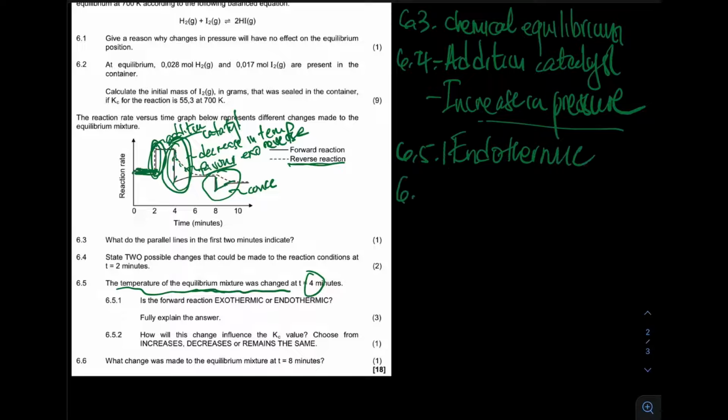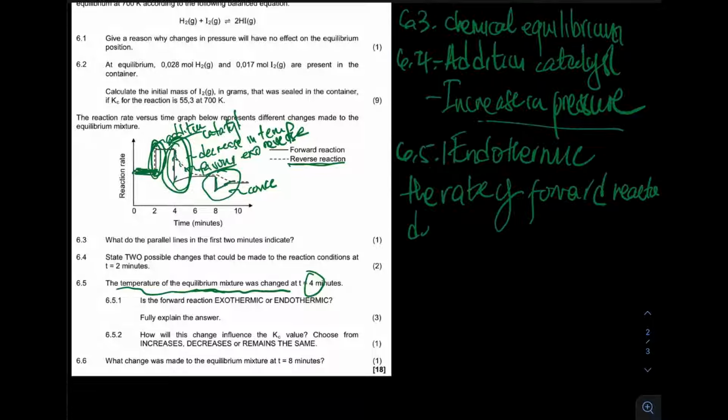It says fully explain. We must fully explain why we arrived at that answer. So what are we going to say to explain that? We will say the rate of forward reaction decreased more, as I've mentioned. If you notice, the rate of forward has decreased more.